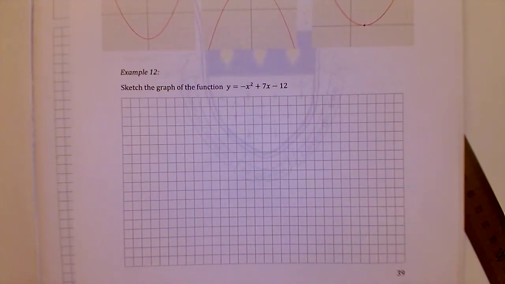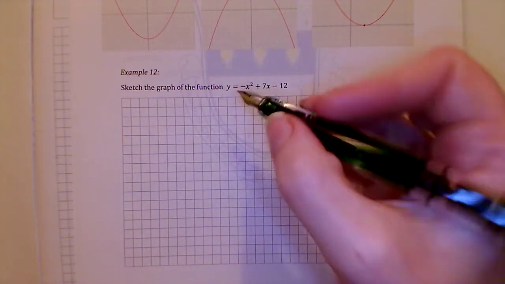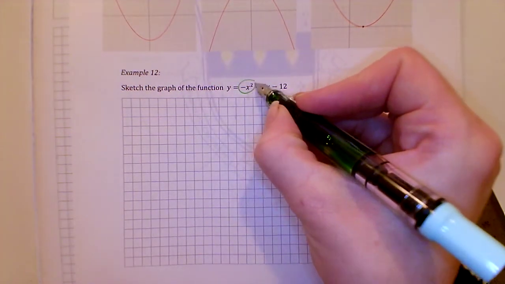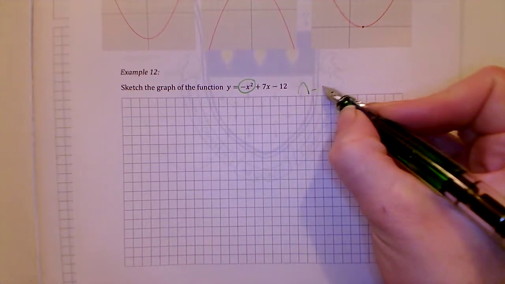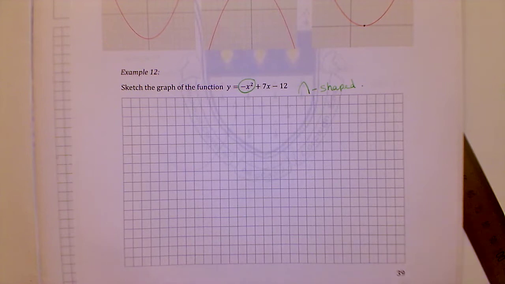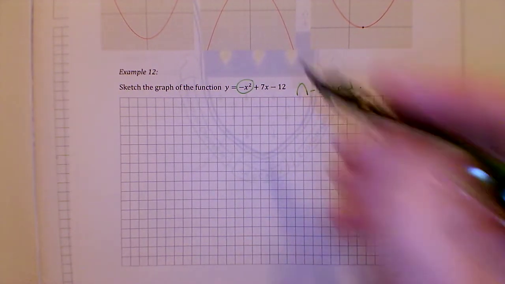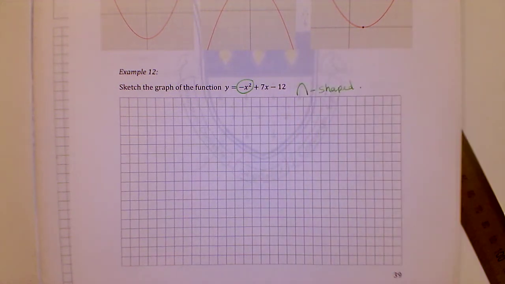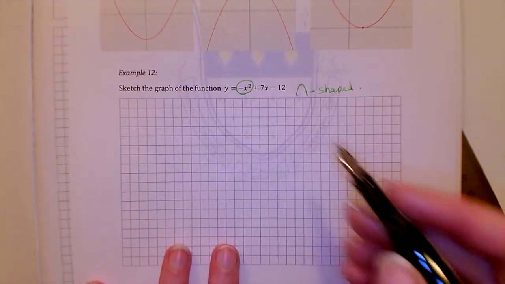The first piece of information is that the x squared is negative, so we know it's going to be N-shaped. Now, N-shaped graphs always have roots, because they're always going to intercept the x-axis at some point, so we should always be able to solve these.